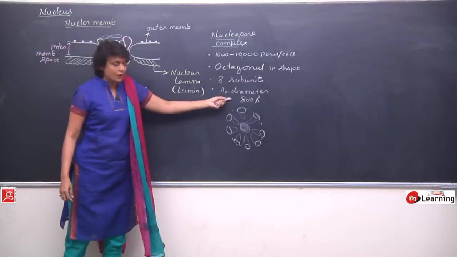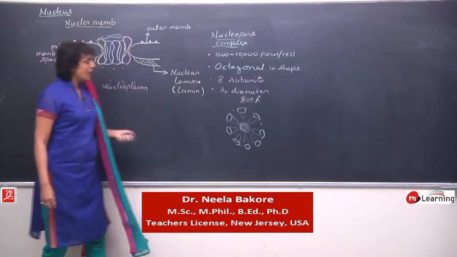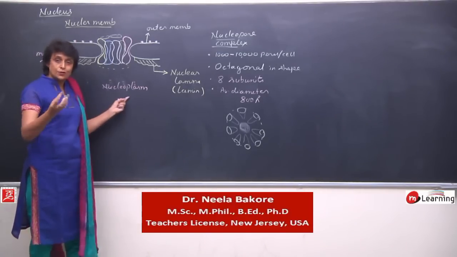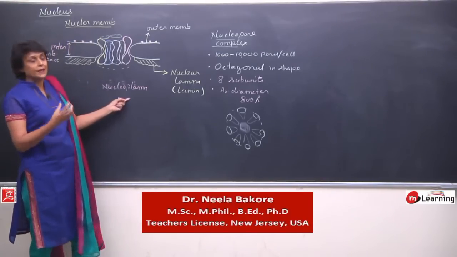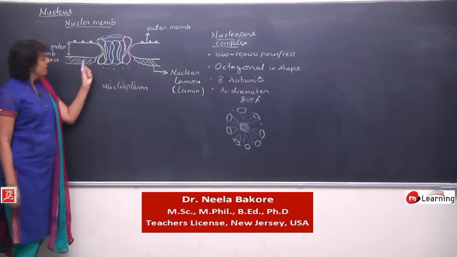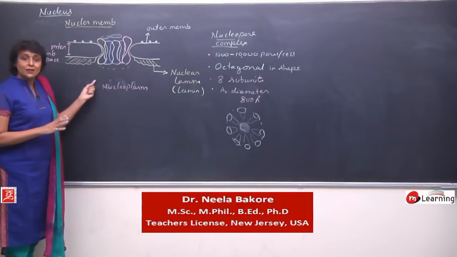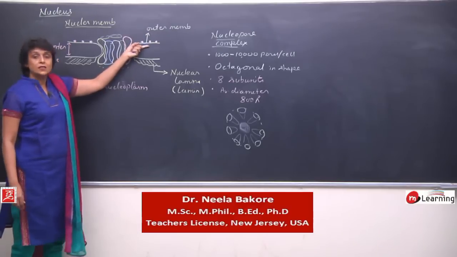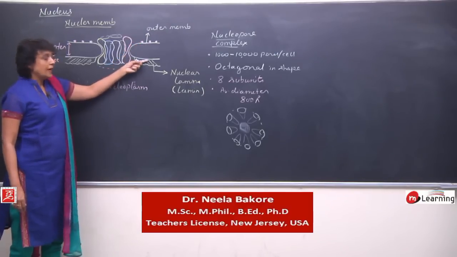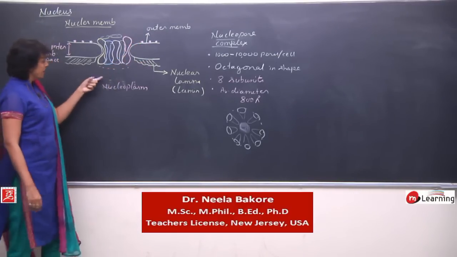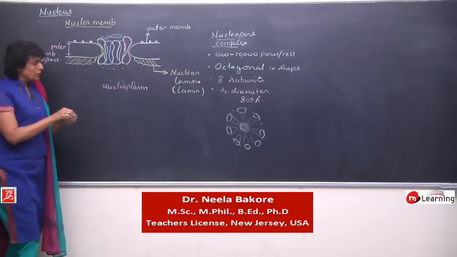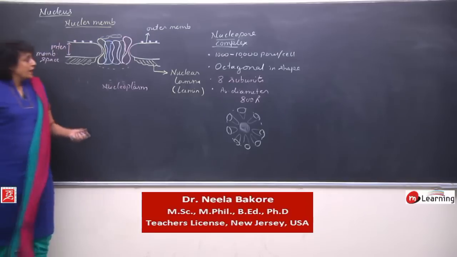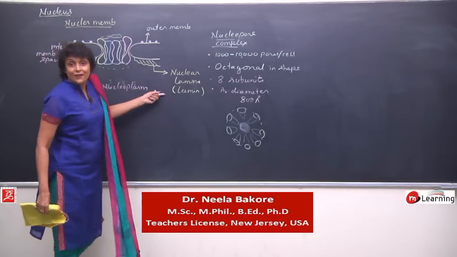The average diameter we have already written is about 800 angstroms, but the range is there. It is 300 to 1000. So there can be smaller pores also and there can be bigger pores also. So this is a simple thing about the nuclear membrane. Both are same proteins and phospholipid structures, and they are rich in proteins. Now let us come to the things which are inside this. Inside in the sense, the chromatin fibers.